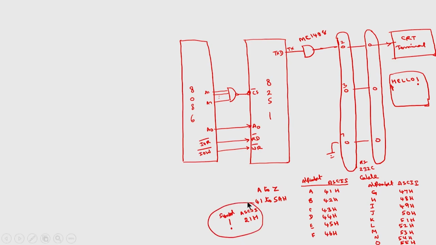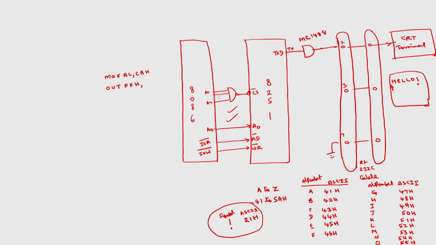Now, I want to display hello followed by this symbol. So, what is the program for this? First of all, you have to set the mode word register and command word register to appropriate values. The values that we have obtained are CAH and 11H. So, we load MOV AL, CAH, then OUT FFH, AL.